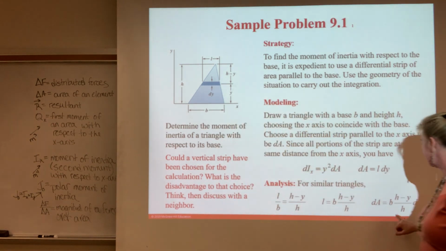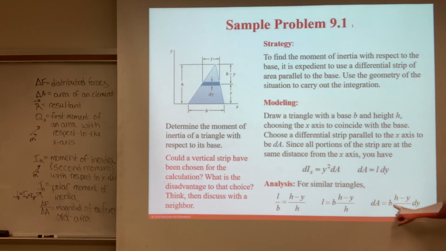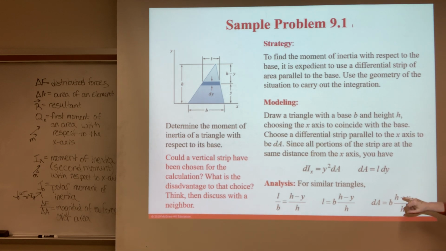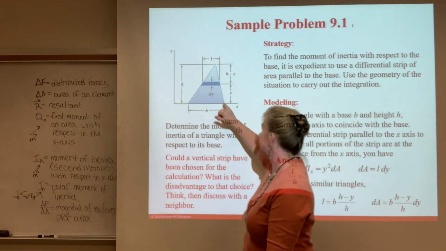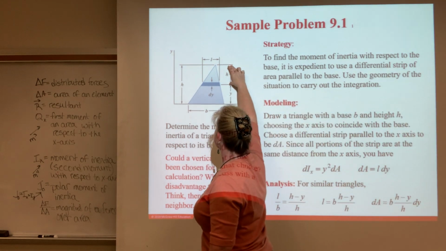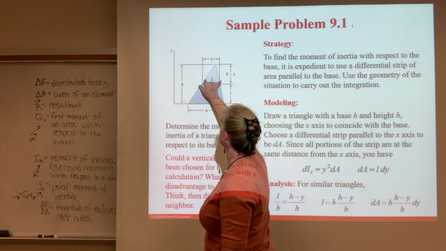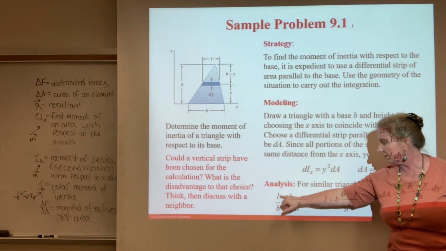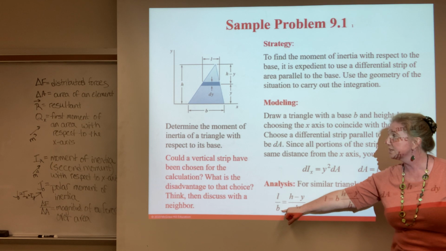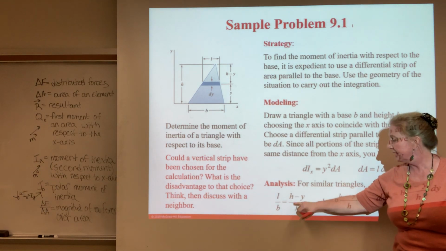So the base over the height is going to be equal to the length over h minus y. This h minus y has a relationship with L, the length, versus the base.